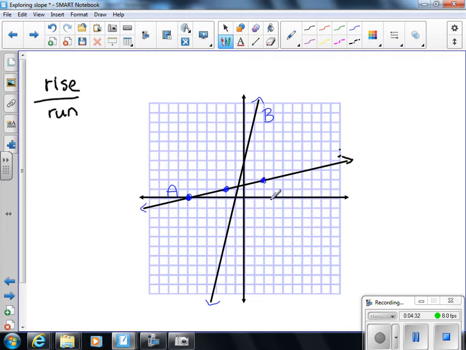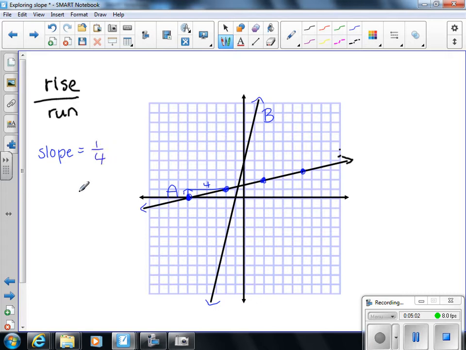All right, so what can I do to find my slope? There's 2 ways. What's one way? Rise over run. Okay, so let's go from this point to that point. How did I rise? 1. What was my run? 4. So I know my slope is 1/4.